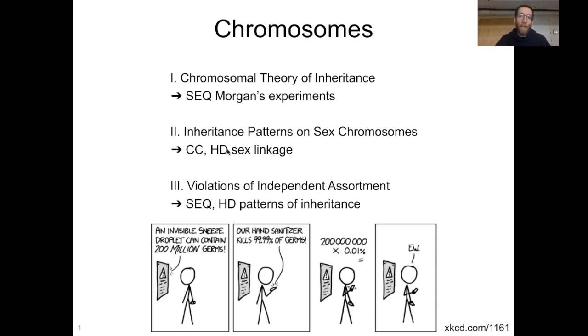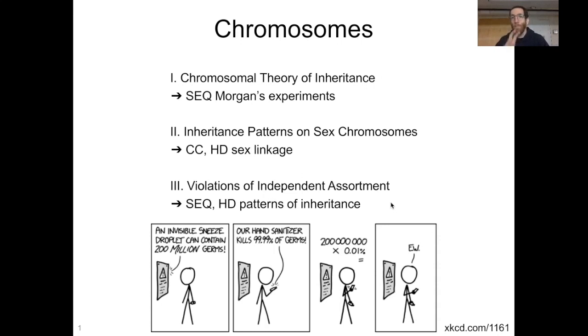Then we'll look at the inheritance patterns for sex chromosomes specifically. So compare and contrast, and HD, that's hypothesize and diagnose, sex linkage. Basically, if a gene is on a sex chromosome, how does that affect its inheritance pattern? And then finally, we will look at violations of independent assortment.